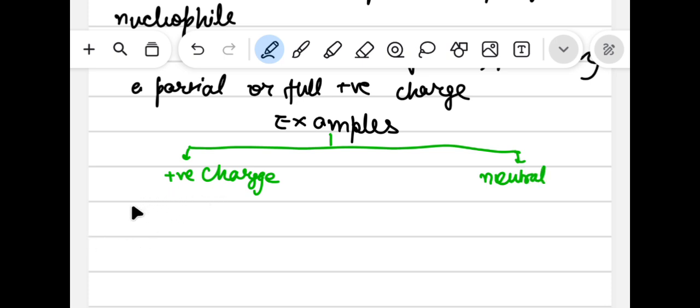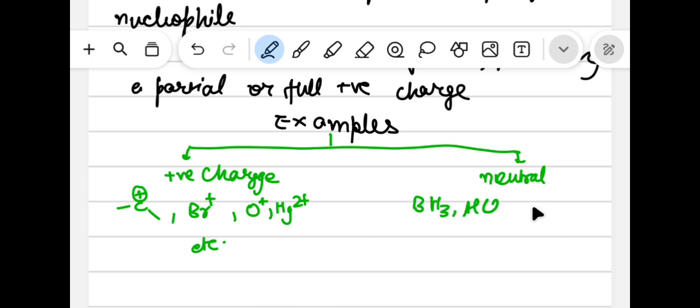For positive charge, we have carbocations, Br+, O+, Hg2+, etc. In the neutral category, we have BH3, AlCl3, RX. Here the compound is neutral, but due to the presence of a more electronegative group, it will carry a partial positive charge.